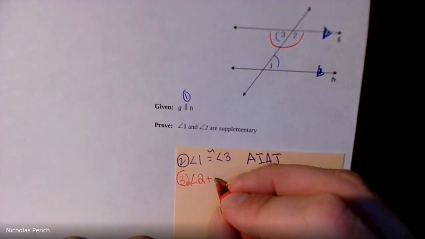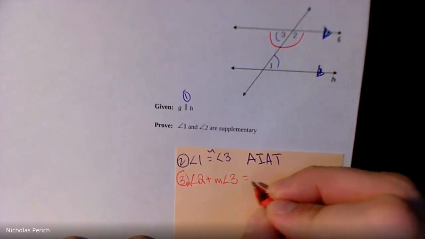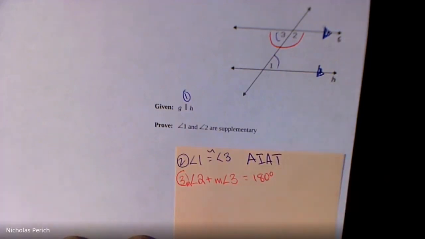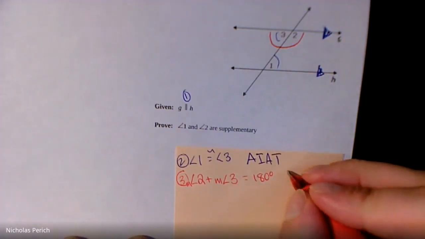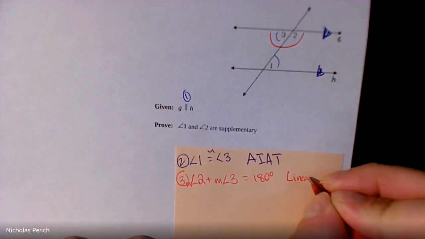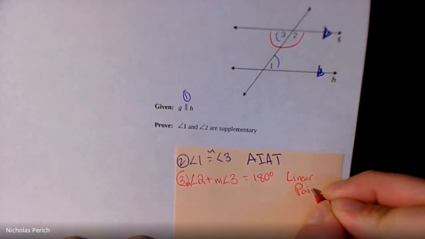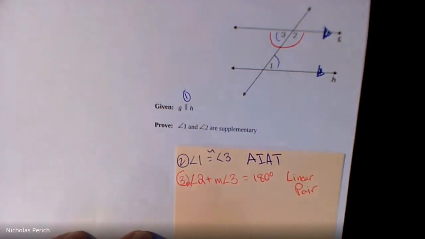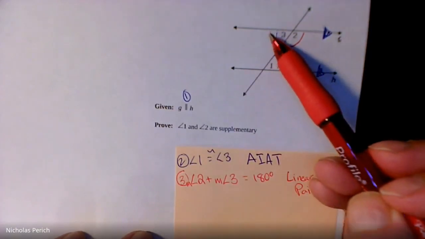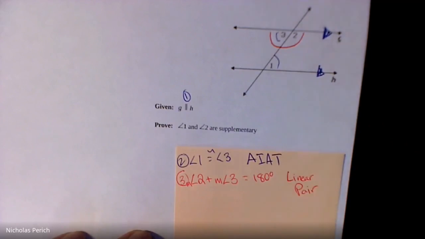The measure of angle 2 plus the measure of angle 3 is going to be 180. And the reason for that is the definition of a linear pair. We saw that in the video: if you have 2 angles glued together that form a straight line, like a little half circle, then you have a linear pair.